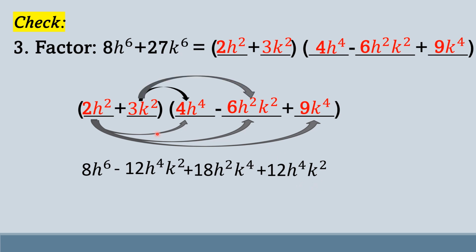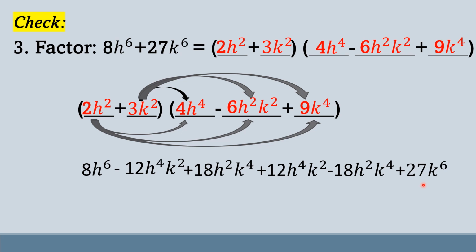Next, we have positive 3k squared times negative 6h squared k squared. That will give us negative 18h squared k to the fourth power. Next, we have positive 3k squared times 9k to the fourth power. That will give us positive 27k to the sixth power.